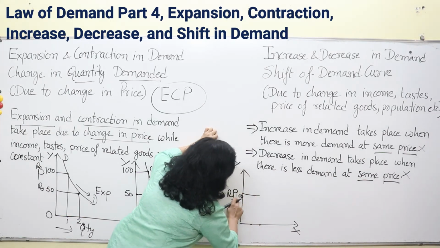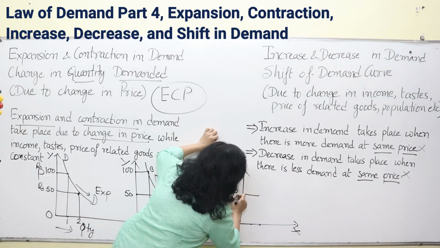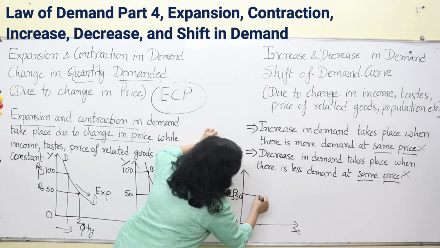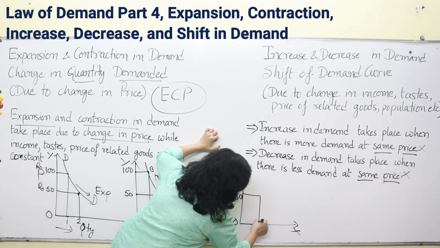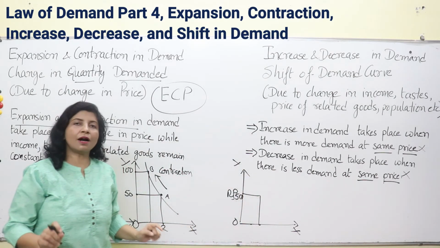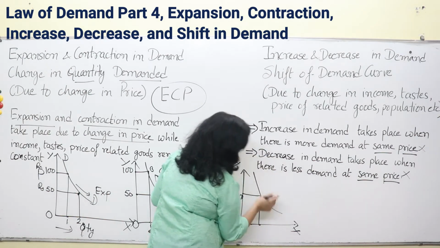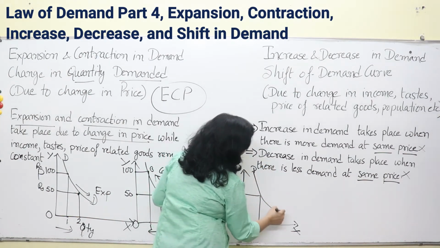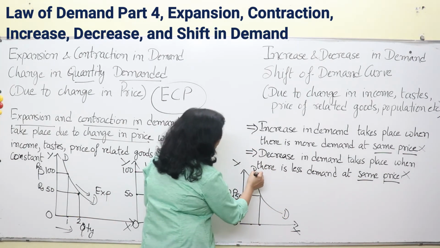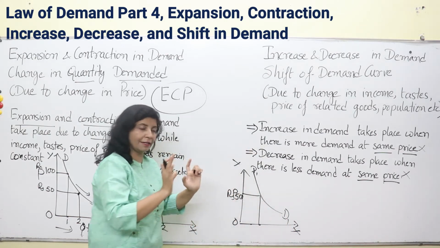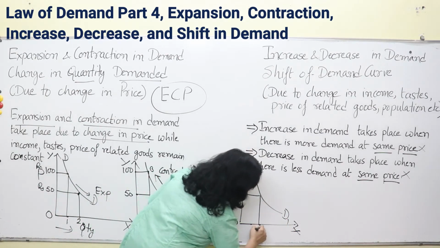No, at rupees 50, I was consuming 2 nariyal pani. Over here, this is the initial demand curve. Suppose this is DD, or you can write D1, D1, the initial one. And here the quantity is 2 nariyal pani.